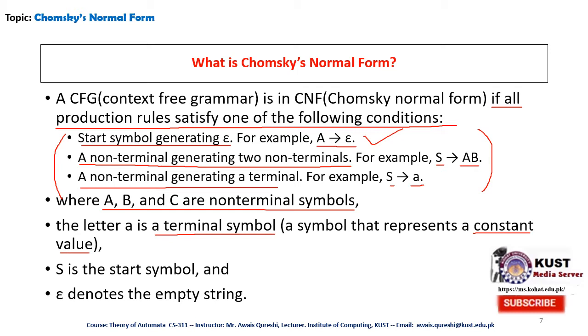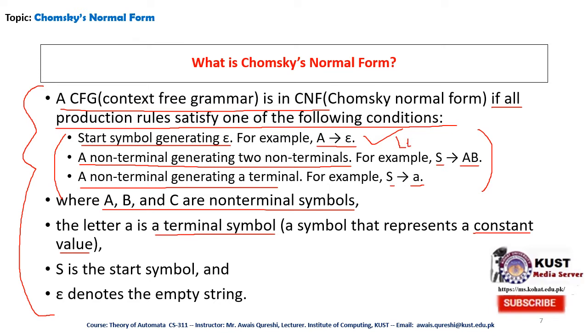So these are the rules of Chomsky's normal form. Try to remember these rules, and you can convert any context-free grammar into its CNF. The first rule states that S is the start symbol generating epsilon. This is the first rule. The second rule states that this is a length restriction.